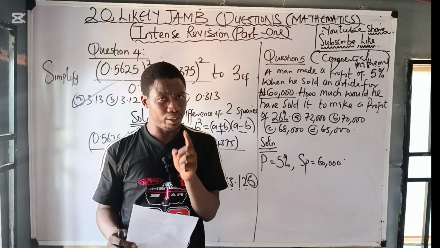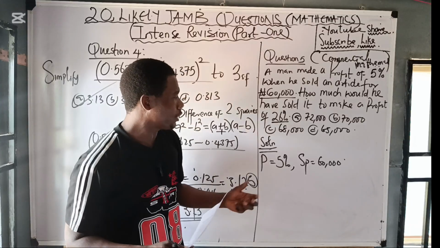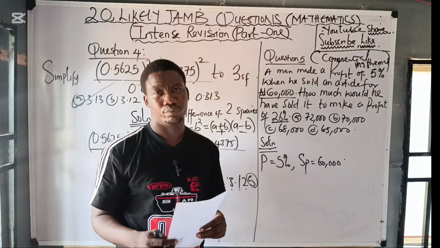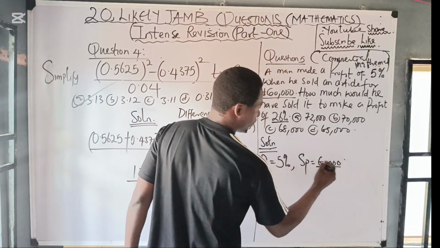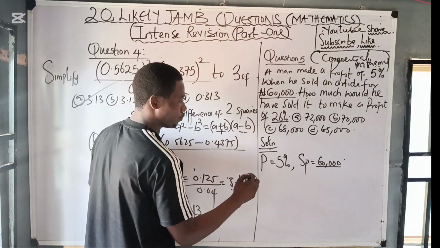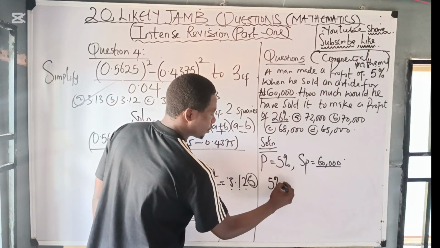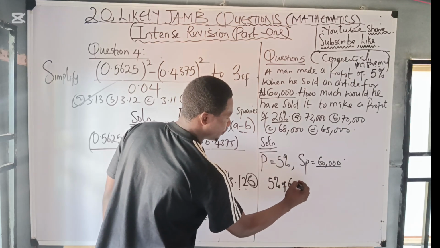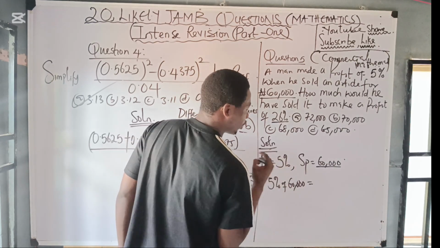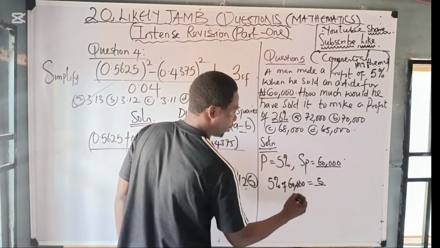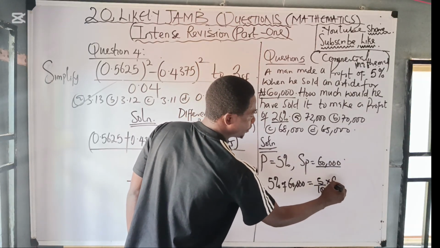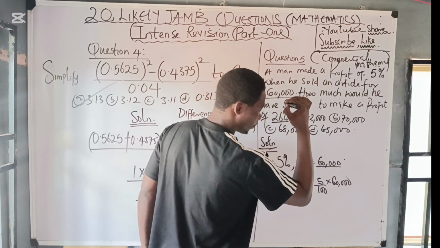Or you can do something else: what is 5% of 60,000, to know the profit, like he sold it for 60,000? 5% of 60,000 is equal to 5 over 100 times 60,000.